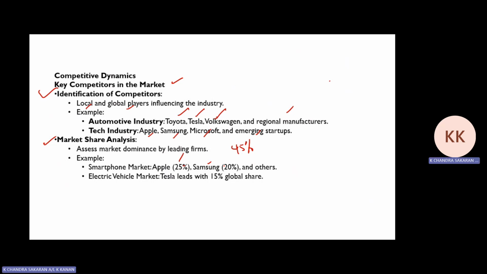In the electric car market, Tesla controls 15% of the global market share, which is quite big. Global. You're not talking about one particular country, it's global market share. So write down the market share of the industry that you have chosen, the breakdown of the market share.